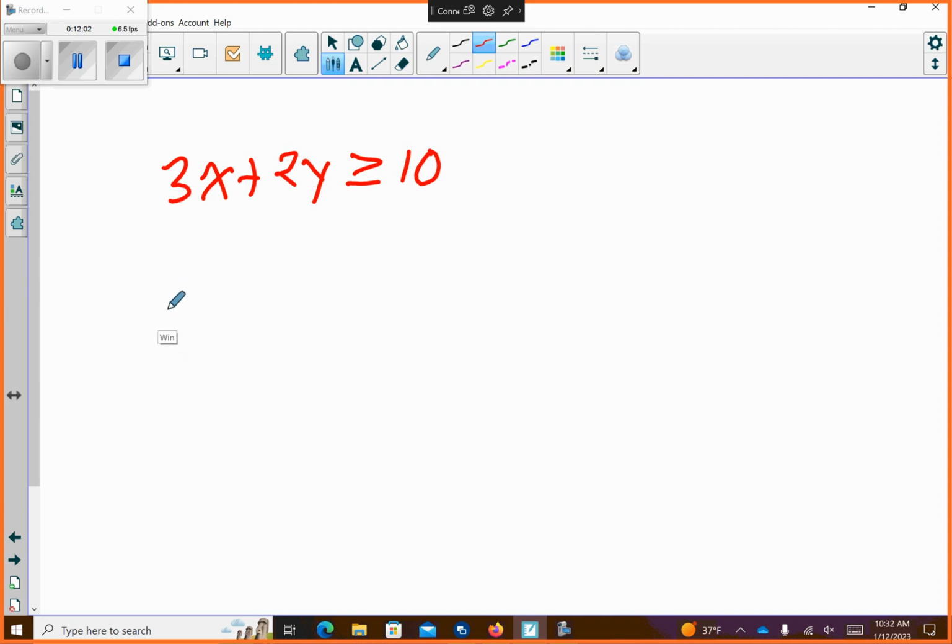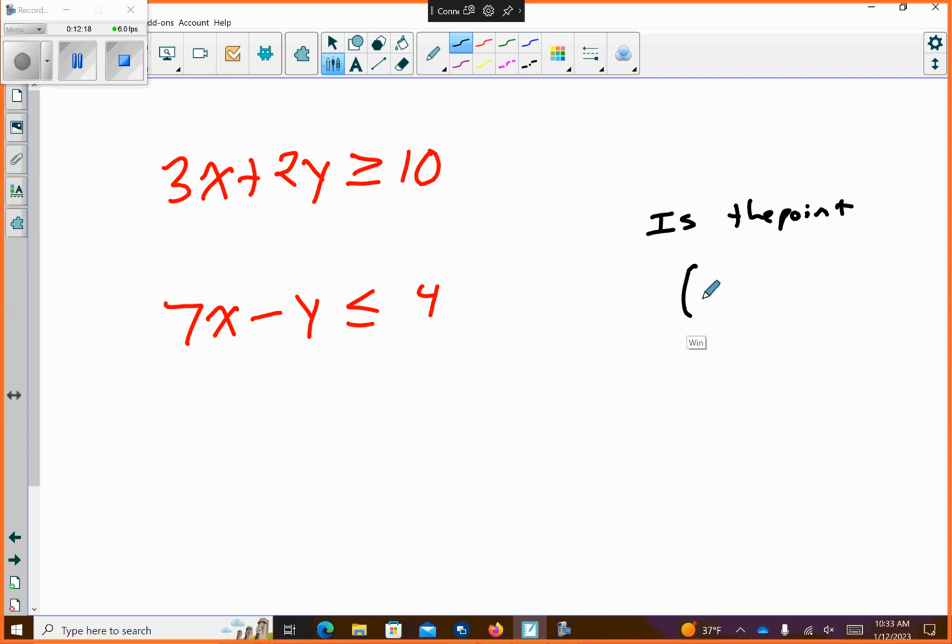And let's also say that we have 7x minus y is less than or equal to 4. I don't want you to graph it. I just want you to be able to tell me, is the point 10, 3 part of the solution?